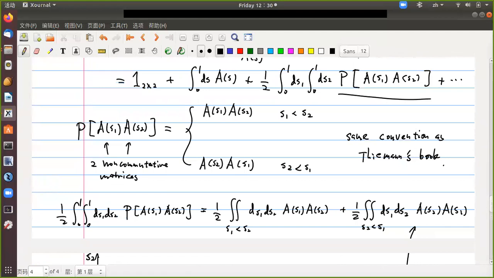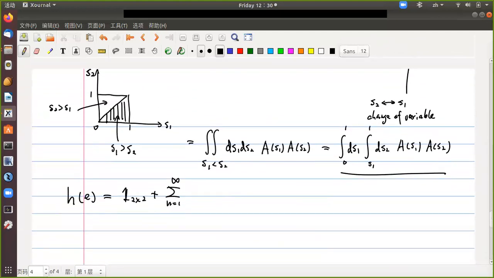You should emphasize that this ordering relates to the orientation of the edge. That's why orientation is very important, and why we need orientation of all the edges. The integrals run from 0 to 1 ds1, from s1 to 1 ds2, up to from s(n-1) to 1 dsn.